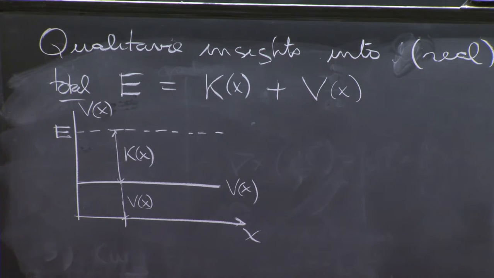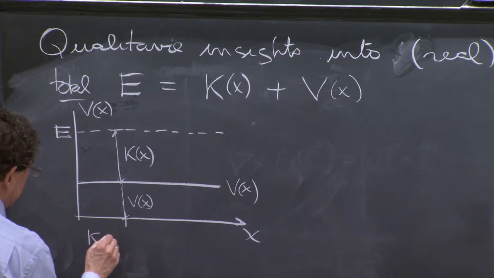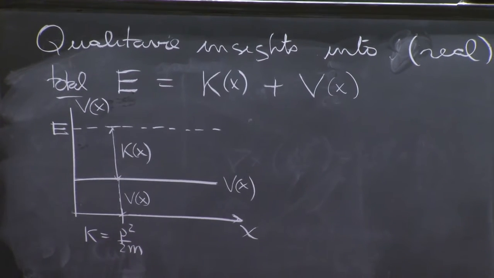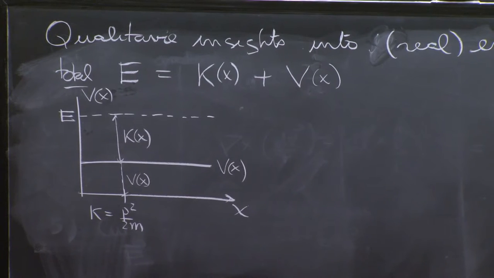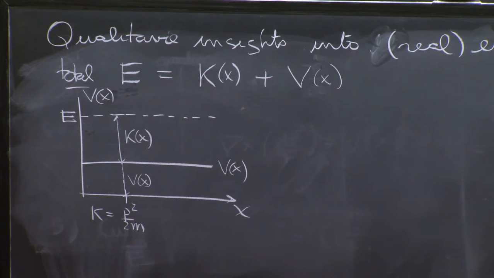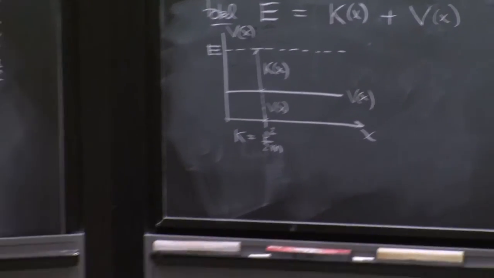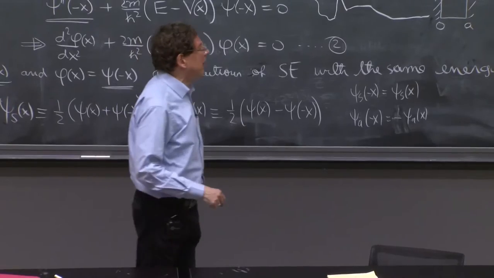Classically, the kinetic energy determines a momentum. The kinetic energy is p squared over 2m. In this case, the kinetic energy is a constant. The momentum will be a constant. And then what we really want to say something about is the wave function.